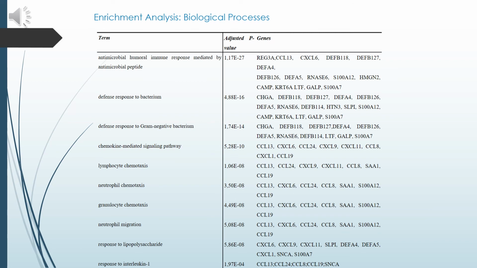The antimicrobial peptides were also enriched in gene ontology terms. One of the gene ontology terms is biological processes. Here you can see the processes such as defense response to bacterium, lymphocyte chemotaxis, granulocyte chemotaxis, and response to interleukin-1 as being statistically significant in this enrichment analysis.